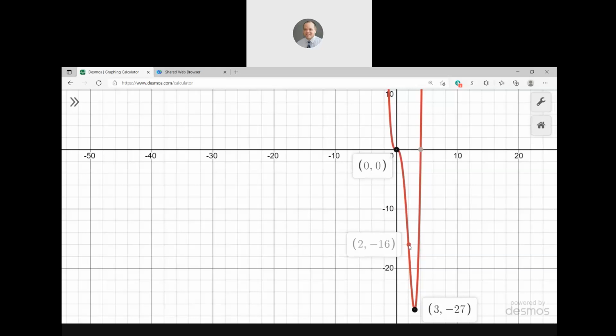Right there. Going from 0 to 2, which is concave down, and then it's going concave up again. So our turning point here at 2, -16 is also correct.